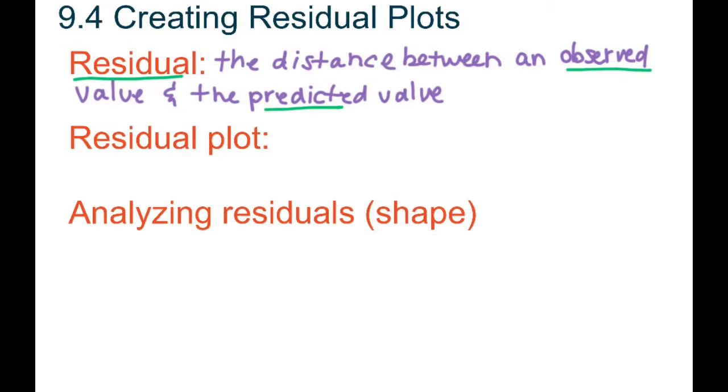And a residual plot is a certain kind of scatter plot that goes above and below.